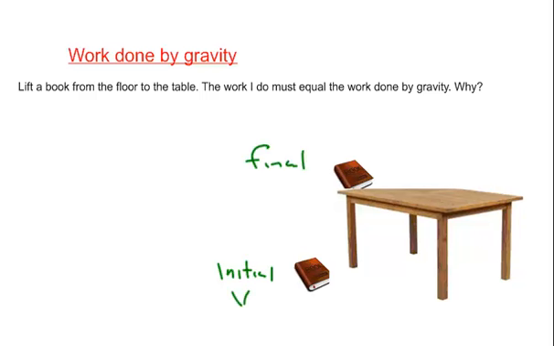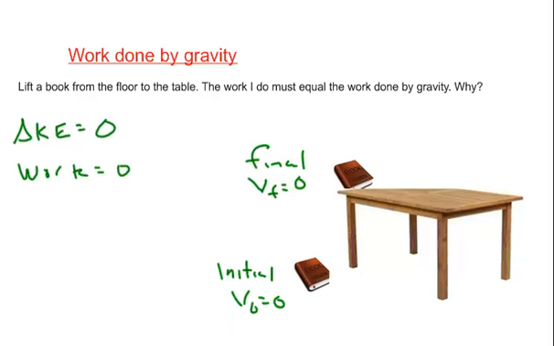Initially, the initial velocity equaled 0. And then when we put it on the table, the final velocity equaled 0. So the change in the kinetic energy must equal 0. So the net work done must equal 0. Well, what was doing work?